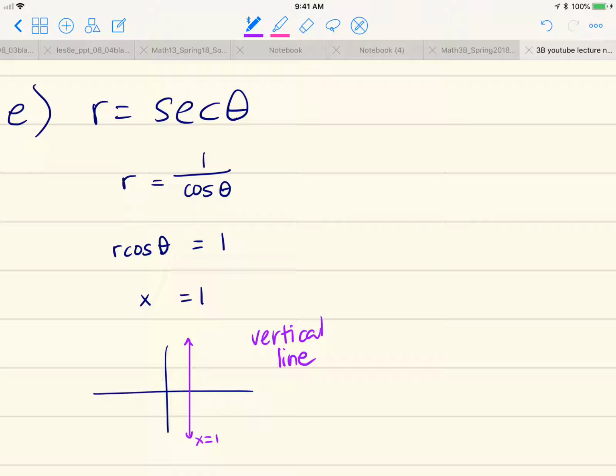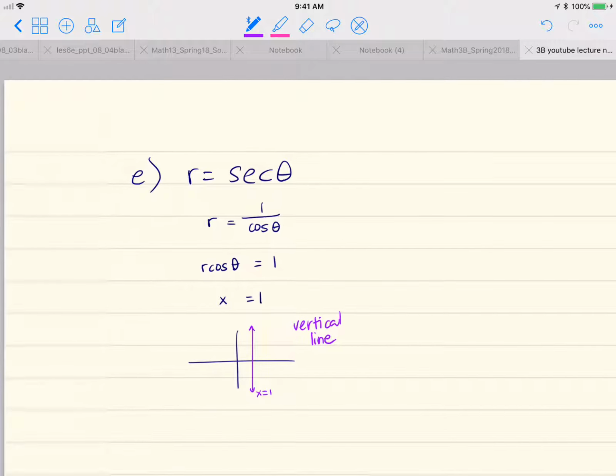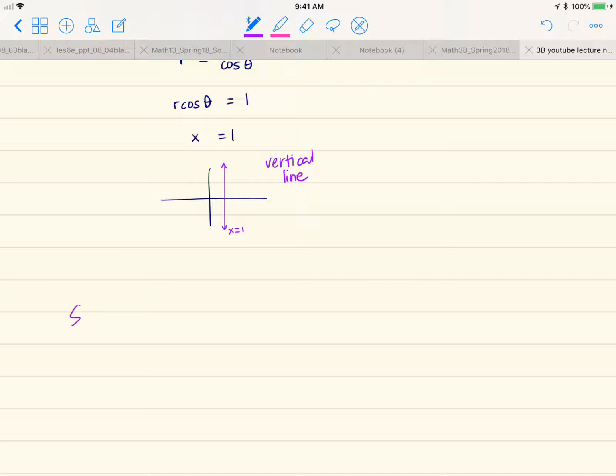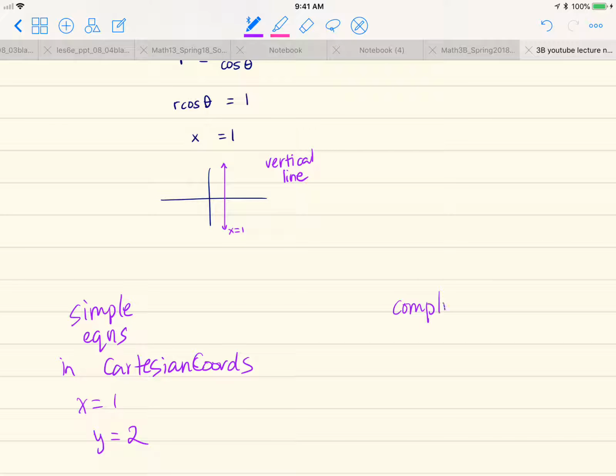So here's what I want to point out. Notice that simple equations in Cartesian coordinates like x equals 1, y equals 2 are very complicated equations in polar coordinates, right?